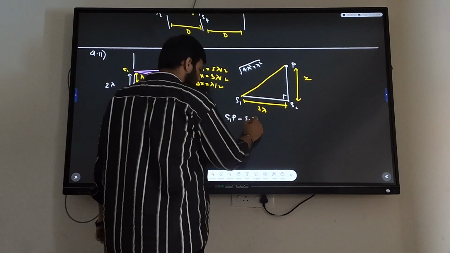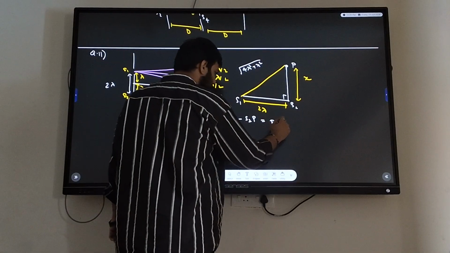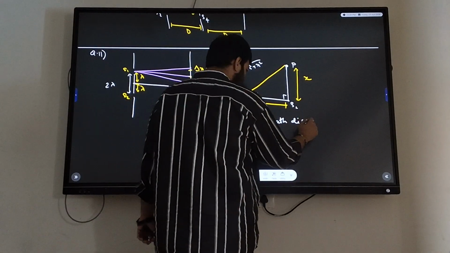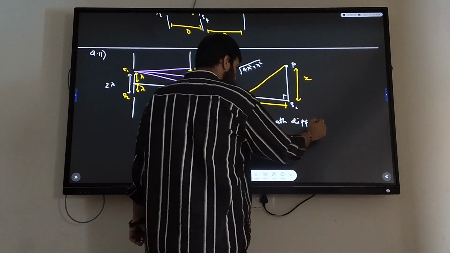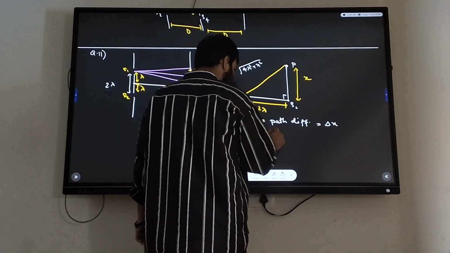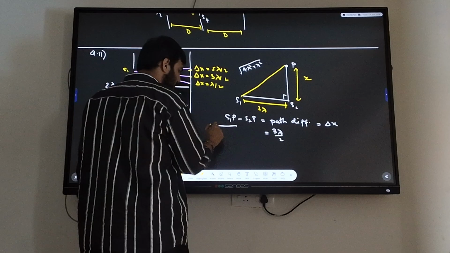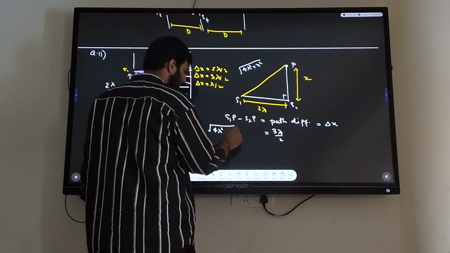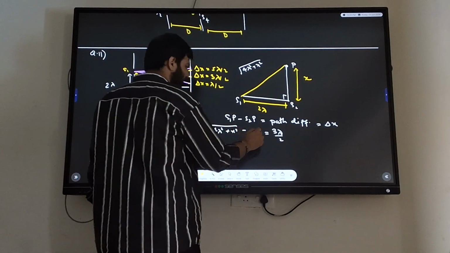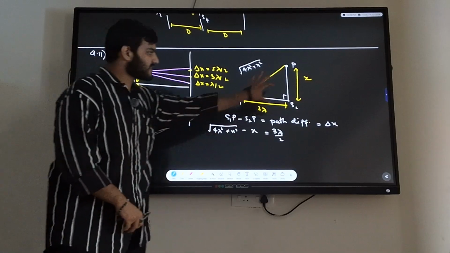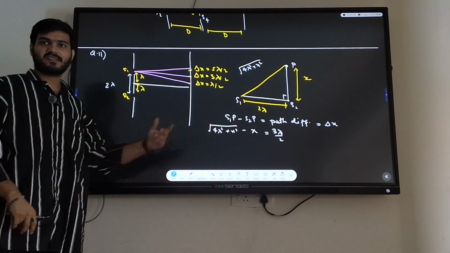So what should S1P minus S2P equal to? S1P minus S2P is called the path difference, and this is delta x, 3 lambda by 2. What is S1P? Root of 4 lambda square plus x square. What is S2P? That's x. Can you find this x now? It's a very simple job.